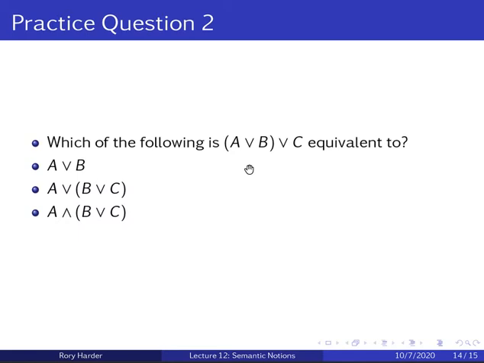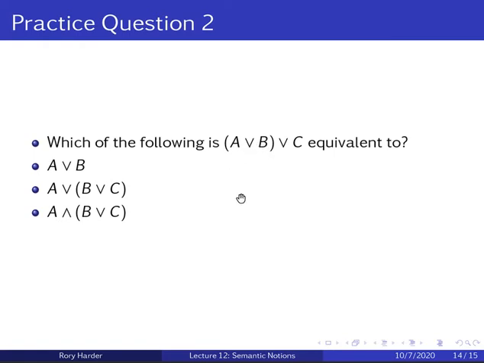And if they don't, if there's some row in which under here is a T, say, and under here is an F, or vice versa, we know that they're not equivalent. But if when we're comparing this sentence and one of these other ones, we see that they're exactly true and false on the same rows, then we know that they're equivalent.